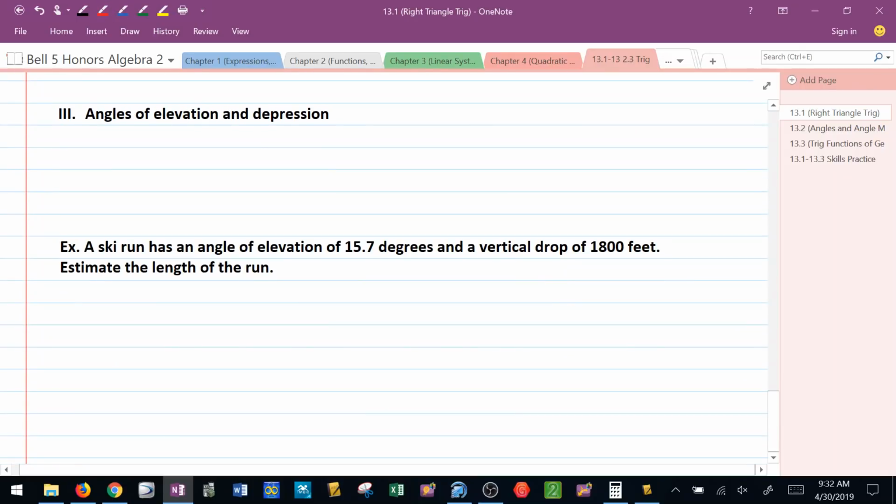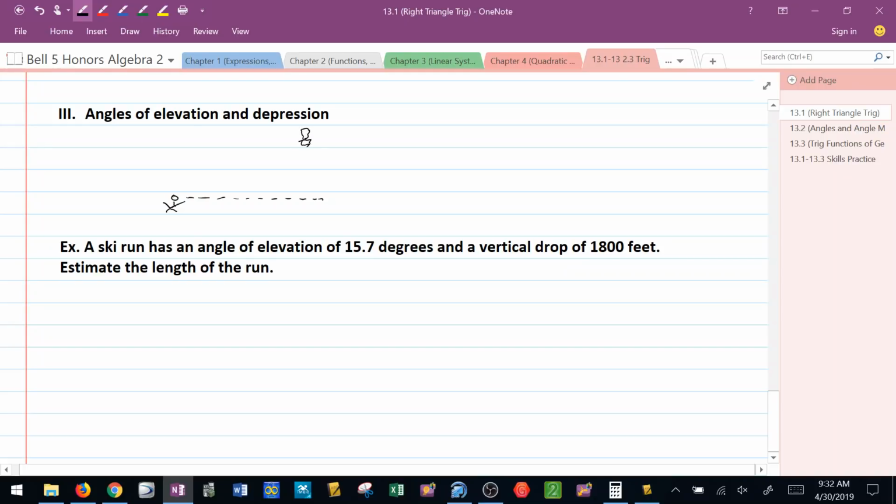So the last thing we're going to talk about is what's called angles of elevation and angles of depression. Pardon my drawings here, but let's say here I am, and wow, that's a bad drawing. And I look straight out. And up here we have a little balloon, let's say.